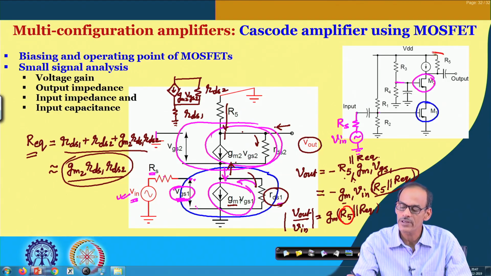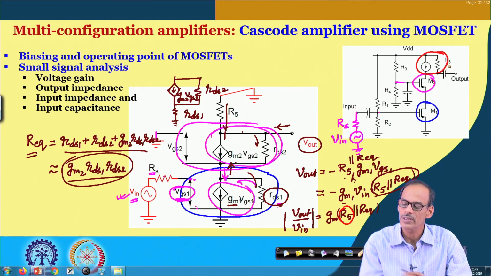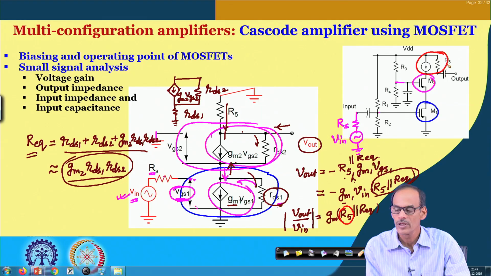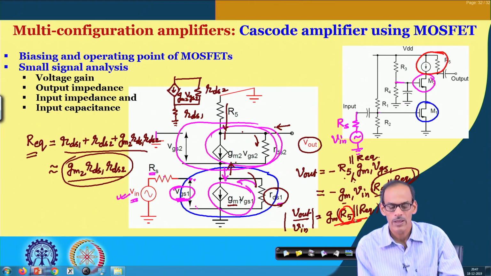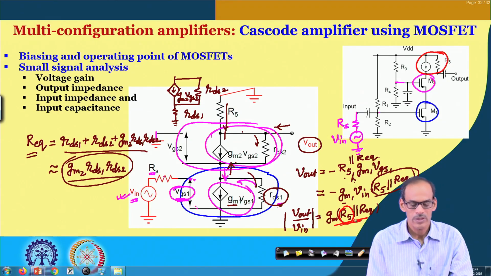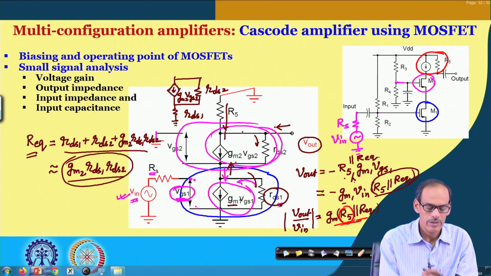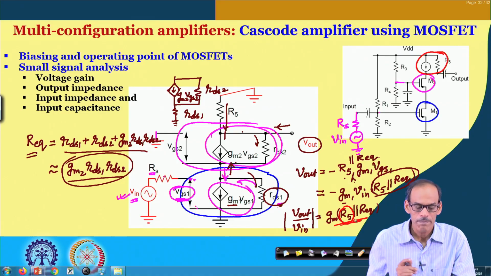That can be obtained by considering an active current source there, maybe a cascode current source we can put there, and then we can get very good gain. Okay. So, that is how it helps us to get higher voltage gain.